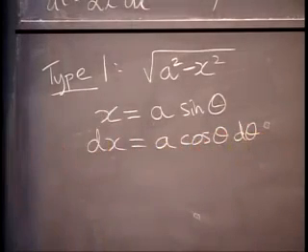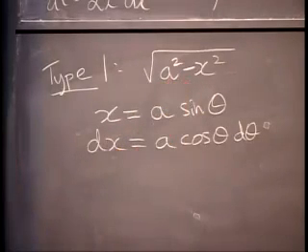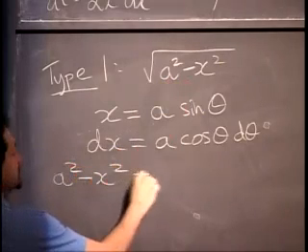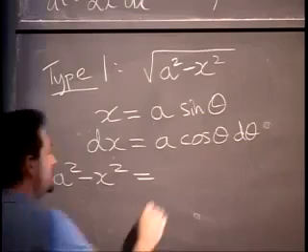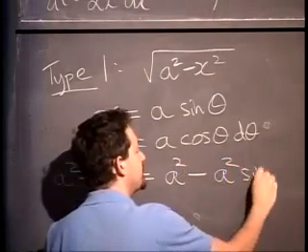Okay. Now why is this substitution going to work? Well, notice that you have to take a square root of a squared minus x squared. So let's just look at the quantity a squared minus x squared. Well, a squared is a squared, but x squared is a squared sine squared theta.